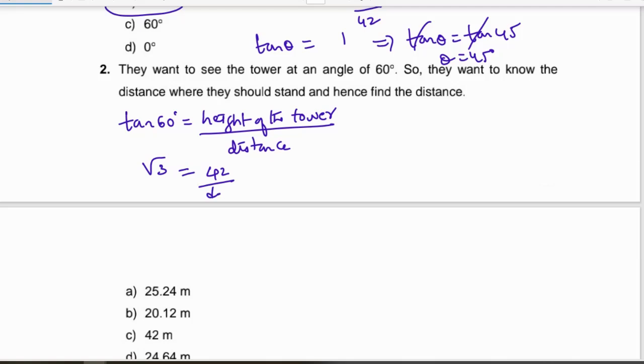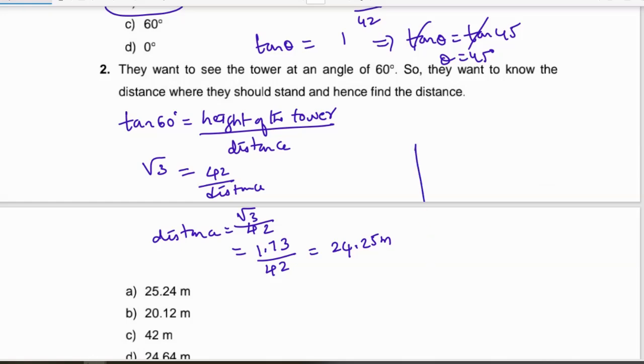We have to find the distance. Distance will be 42 root 3 divided by 42. Root 3 can be written as 1.73. When you do the division, you get the answer as 24.25 meter.